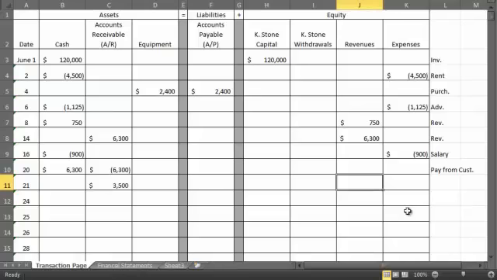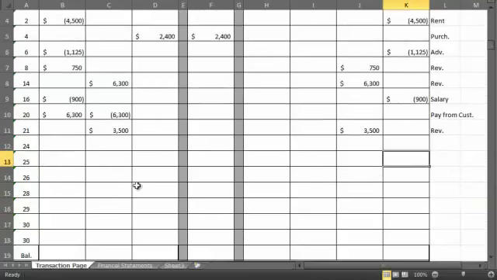That did increase our revenues by that $3,500 at that time because we did provide the service. Later on, when we receive payment, we will just show the increase in cash and the decrease in the accounts receivable.